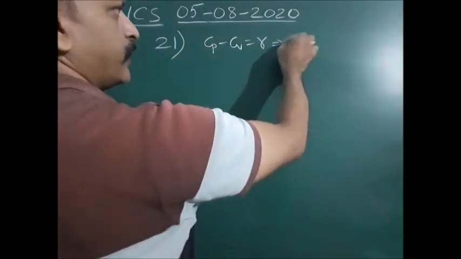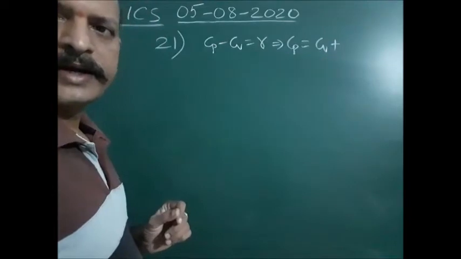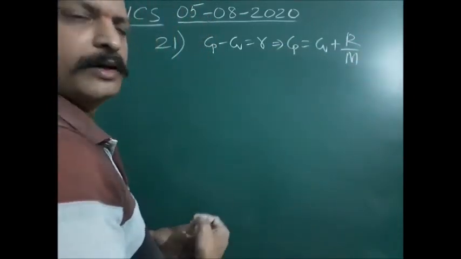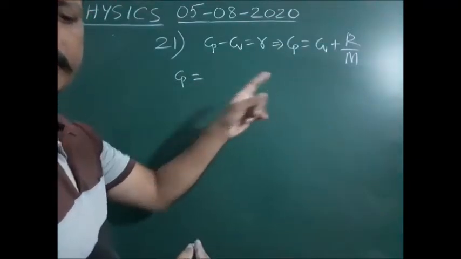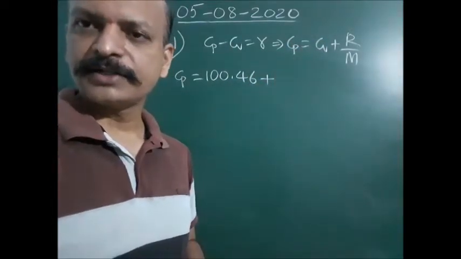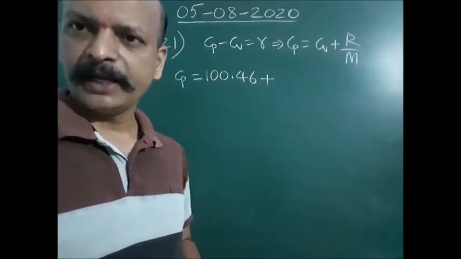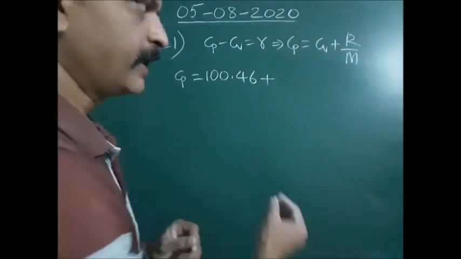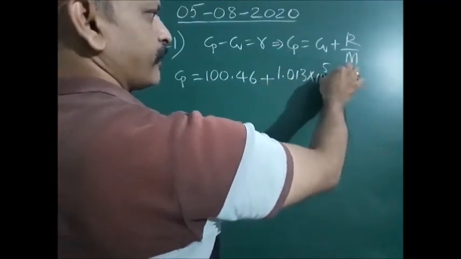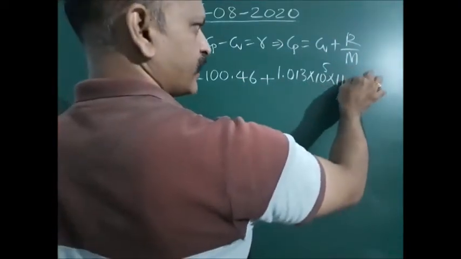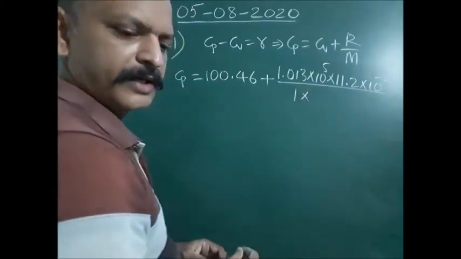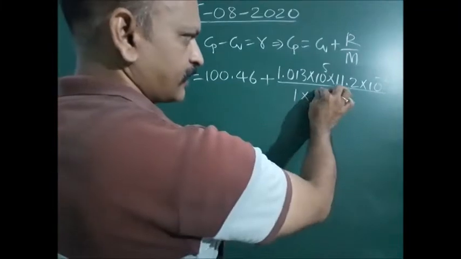So small cp is equal to small cv plus r, where the real gas constant r is R by capital M. The cv value is given in the question, 100.46, plus R by M, which according to the ideal gas equation is PV by MT. Pressure is 1 atmosphere, 1.013 into 10 power 5 Pascal, into volume 11.2 into 10 power minus 2, by M equal to 1 kg, and T at NTP is 273 Kelvin.